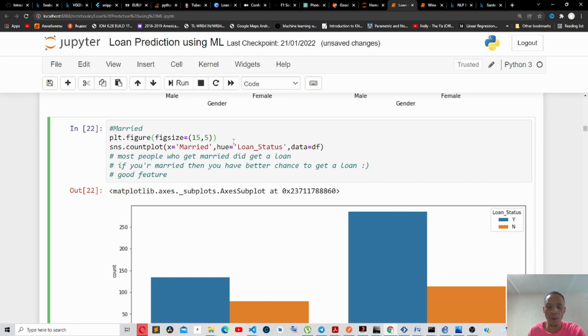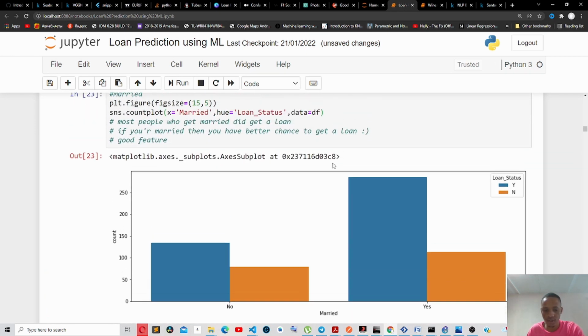It will just pop up on the screen. You can click there and go and watch and come back and watch this video. So we are going to plot a figure of fixed size 15 by 5. And then we are going to use sns.countplot to provide the x variable, which is marital status, and then use the loan status as hue, and then provide the data as our data frame, right?